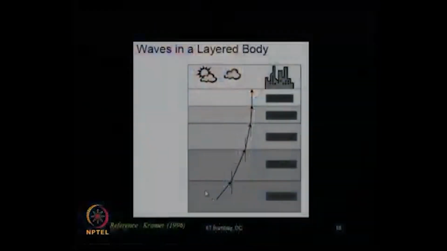So, most of the time in our analysis we consider all the seismic waves as nearly vertical or vertical, whether it is a shear wave or a primary wave, not an inclined one. What is the basic reason for that? Let us now understand it through this picture.